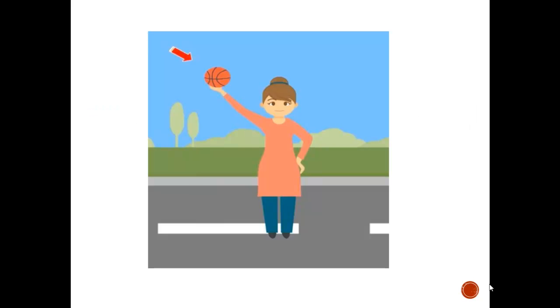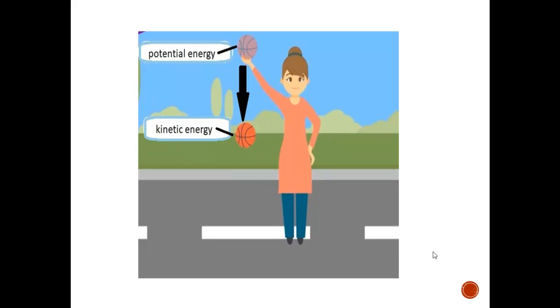Now, when you rest a ball at a certain height, the ball has a form of energy called potential energy. So, potential energy is the energy stored in a body due to its position. When you release it to start falling down, the ball is moving, so the ball now has kinetic energy.